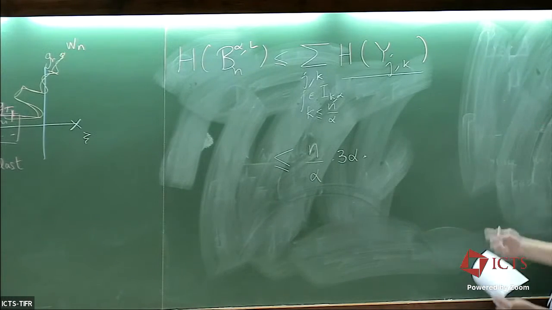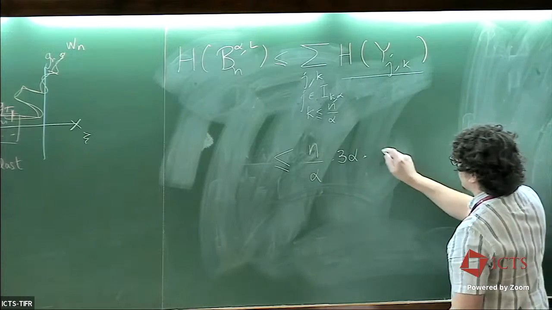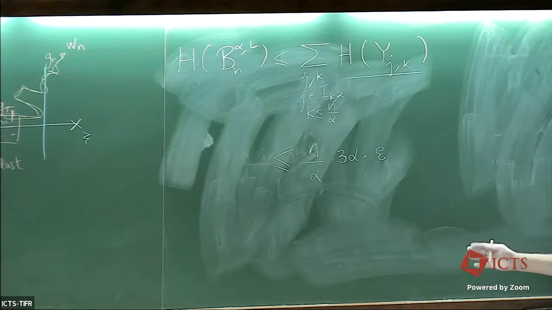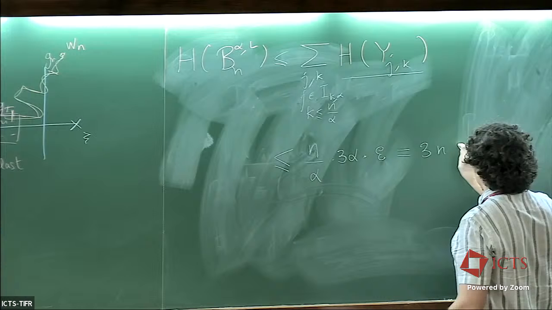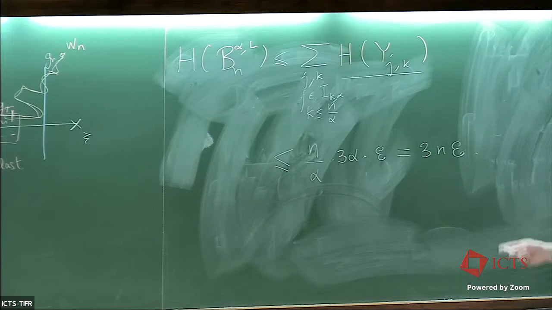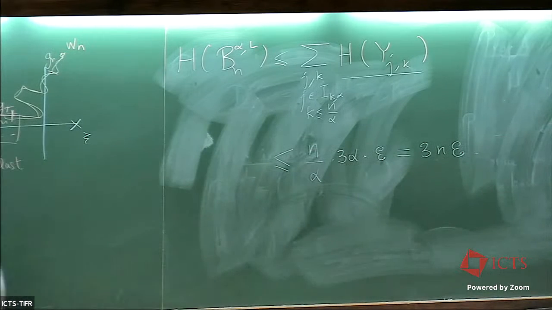And then the entropy of each of these, by this lemma, is just epsilon. And so this is 3 epsilon n, of course, it's epsilon times n. And so when you divide by n and take the limsup, it will become less than epsilon. You think about it, what happens? If you take this, divide by n, and take the limsup.